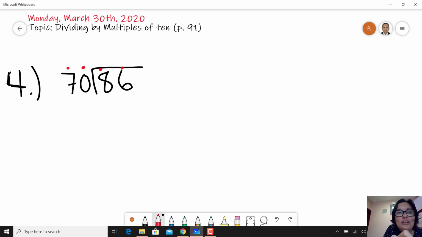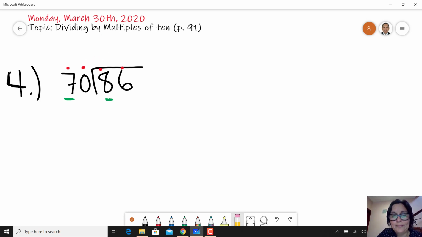Okay, now what do we do to investigate what number is going to be here? We are going to use the little trick, el pequeño truco. We take number 7 from here because we already know the multiplication table of 7, and from here I'm going to take number 8 because we can divide 8 by 7. So if you divide 8 by 7, what number is going to be in the quotient?